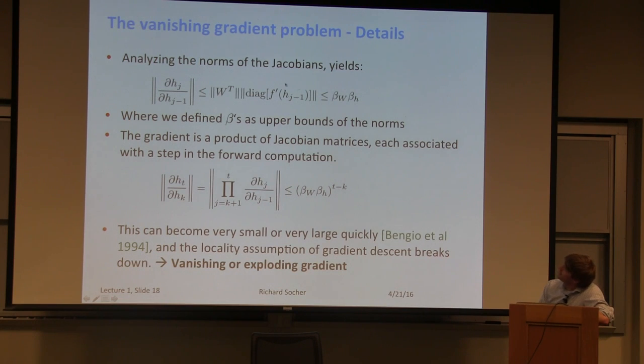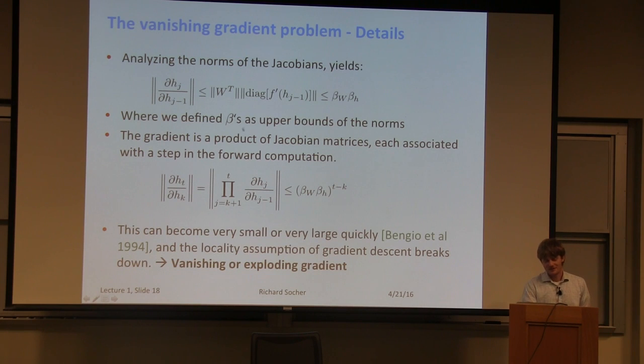And now we can just define the norm of W transpose to be beta_W, and the norm of this simple diagonal matrix as beta_h. And those are basically just, by definition, the upper bounds of those norms.